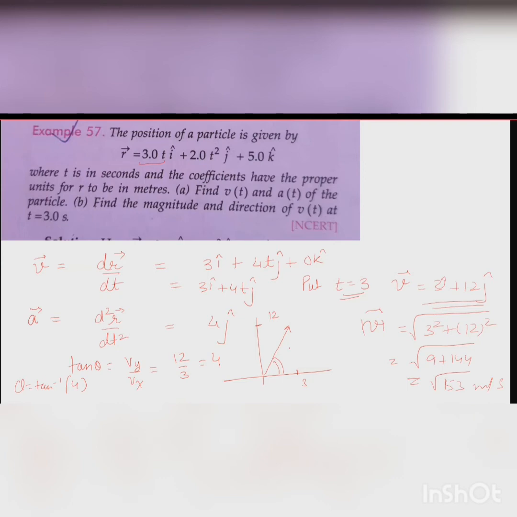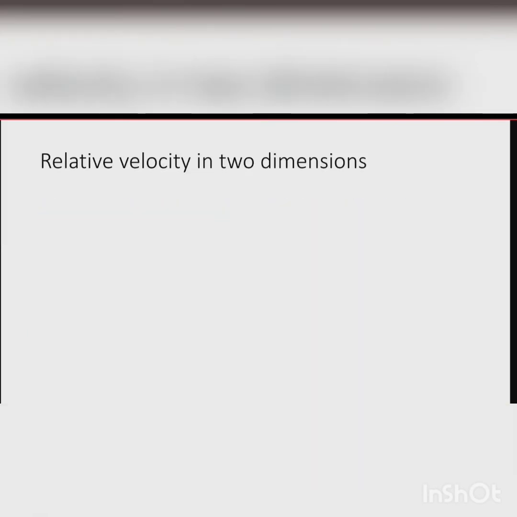So next we come to relative velocity in 2 dimensions. Now, when we were discussing one-dimensional motion, we have already discussed the concept of relative velocity. Now, how do we understand the same in 2 dimensions? It's very simple.